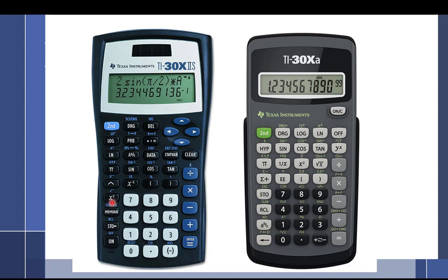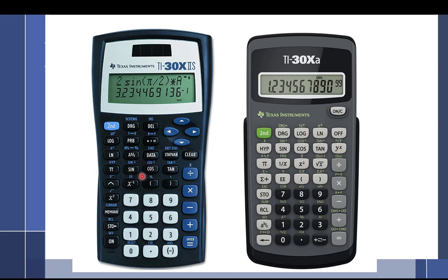But what if I want to do the example up there, 3 to the 4th? Will I hit that one twice? No, we don't want to do that. We have a key right here, y to the x. So if I want to do 3 to the 4th power, I know it's 81, hit 3, then hit that yx, 4, and then equals, and I would get 81.